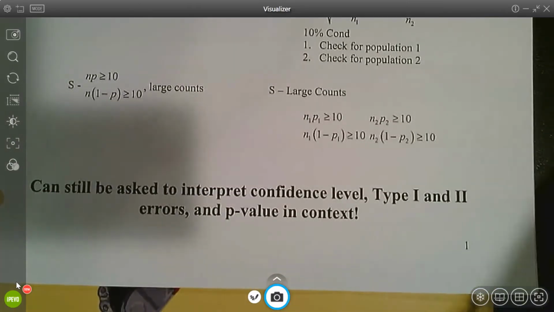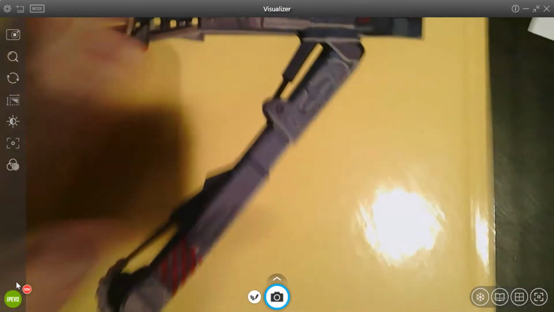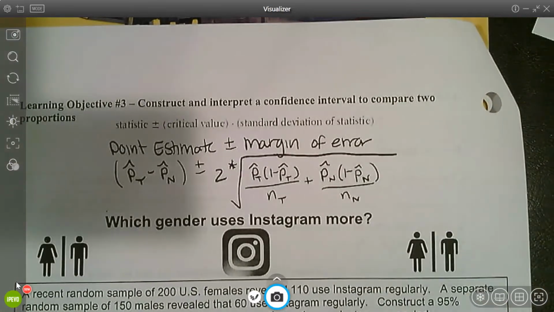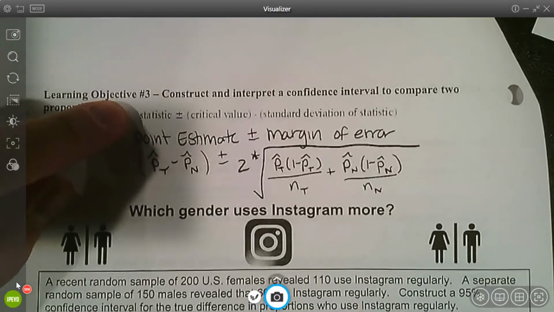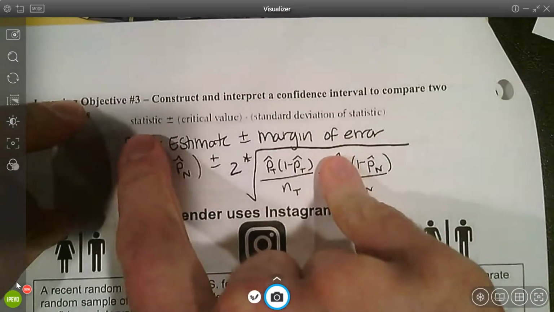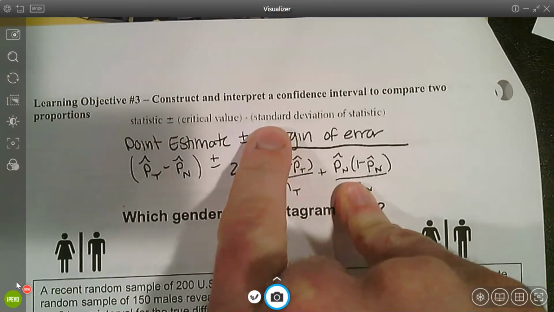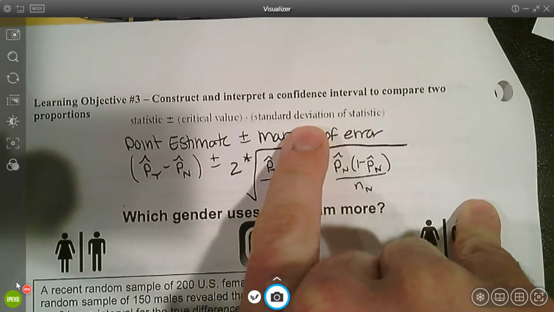So let's jump in and take a look at a specific example dealing with social media. Here's the back of a book I'm using to write on. All right, so construct and interpret a confidence interval to compare two proportions. So our general format, which is on our formula sheet, is this: the statistic plus or minus a critical value times the standard deviation of the statistic, which will technically be standard error.